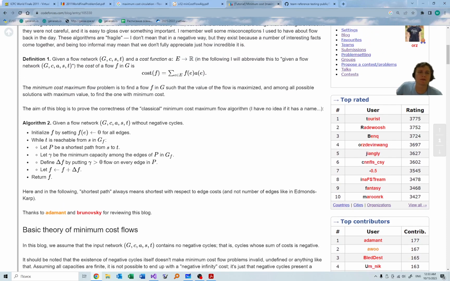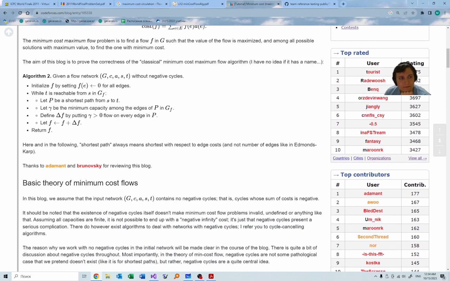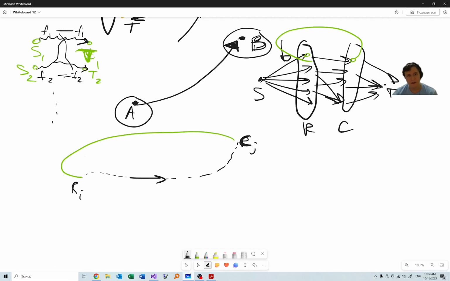And it forces me to, it only works if we have no negative cycles. And which is a problem because, like, I simply don't know how to find. Okay, so we will have some negative cycles, won't we?